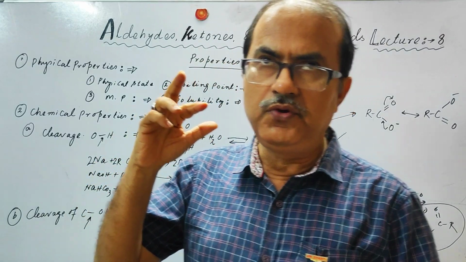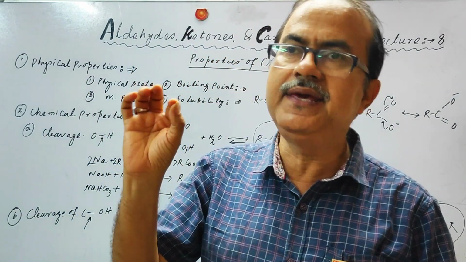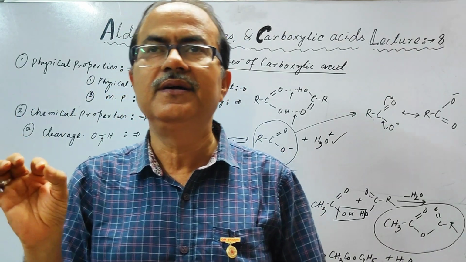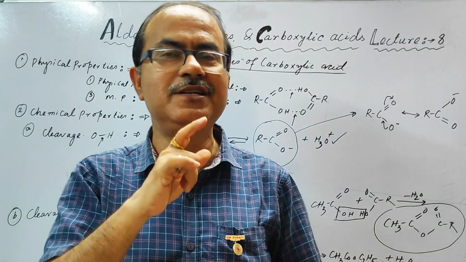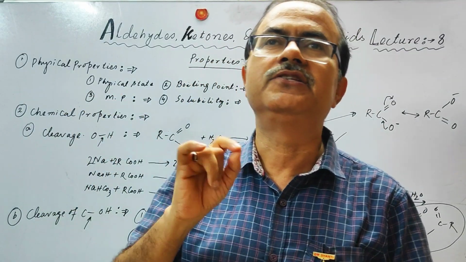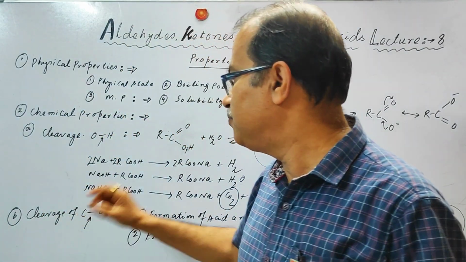So we observe the chemical reaction where there is a breaking of the O-H bond, and this proves the acid property of the alcohol, carboxylic acid, and another that is the C-OH bond.